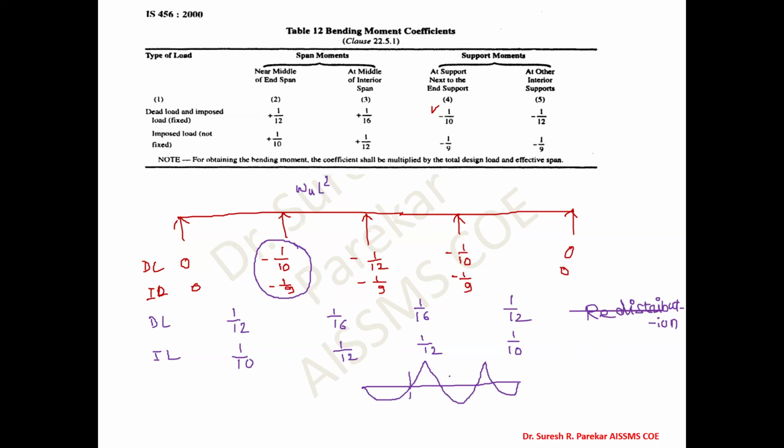Now at support we will have beam as a rectangular beam. So at support we have rectangular beam. And in span we have T or L beam. Span moment we have, listen carefully, T or L beam.